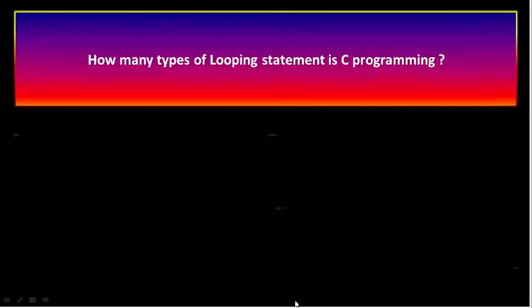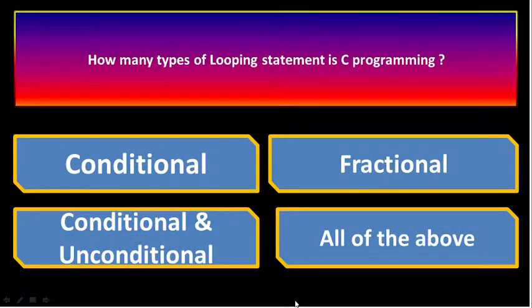The next question is, every programming language supports looping. In C programming, how many types of looping statements are there? How many types of looping statements in the C programming language?